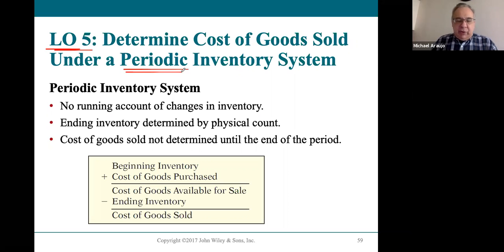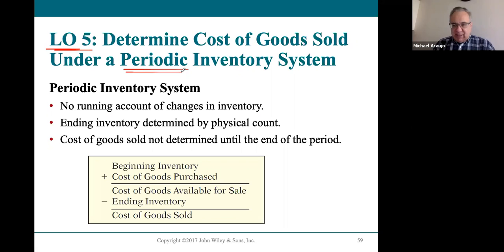The perpetual system is common because almost all stores computerize their inventory. They use the barcodes, they use other types of things to scan things in, scan things out. When you buy something at the register, the products are being scanned, or you hear the infamous boop at the supermarket. That's all perpetual stuff.